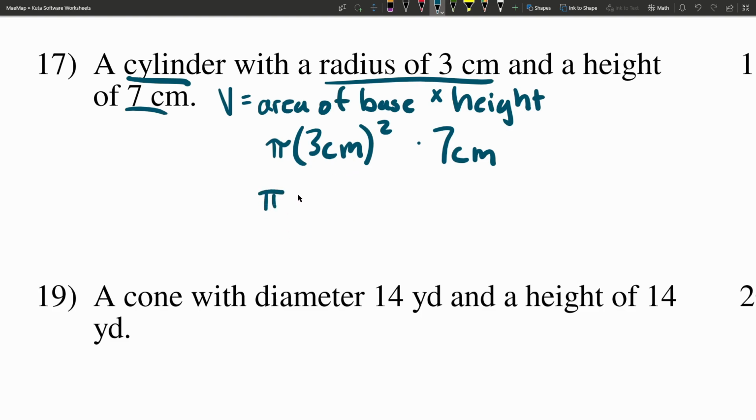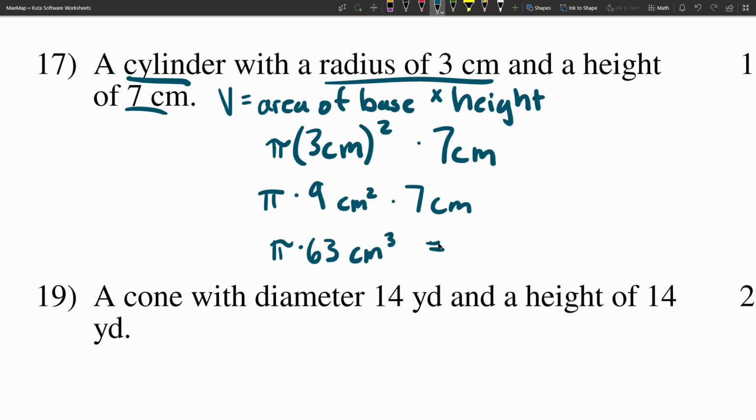So we have pi times 9 centimeters squared, because I already applied the squared to our 3, and that gets multiplied by 7 centimeters. 9 times 7 is 63, so we have pi times 63 centimeters cubed.